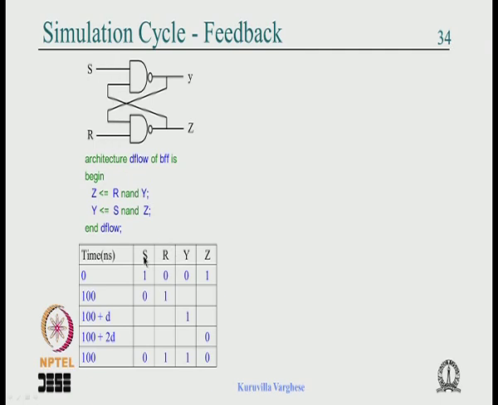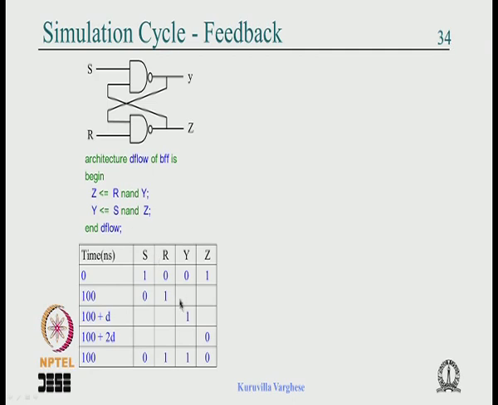So both S and R change at 100 nanosecond. Now two signals are changing, so that adds some complexity. But you see on the right hand side S comes here, R comes here. So the simulator has to compute both Z and Y at 100 nanosecond.